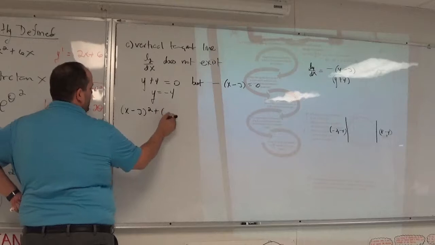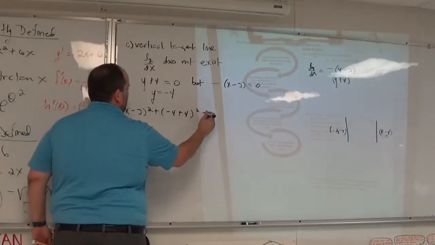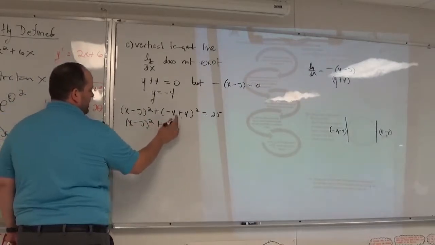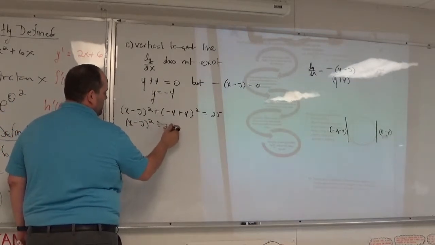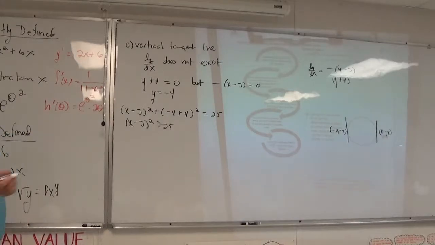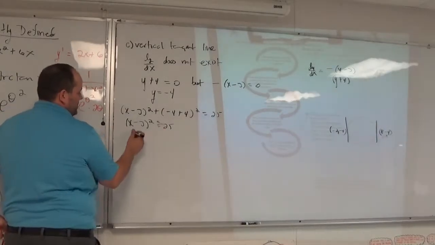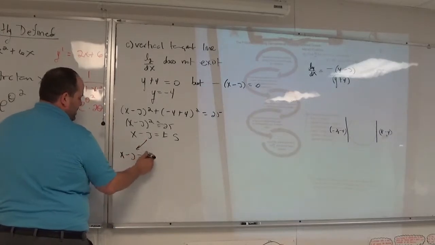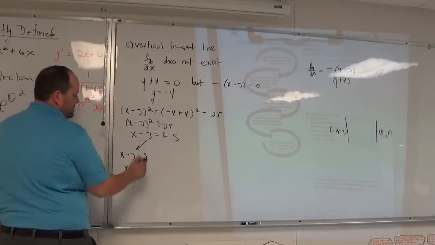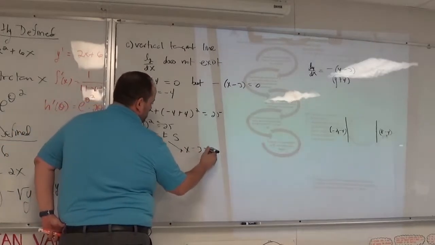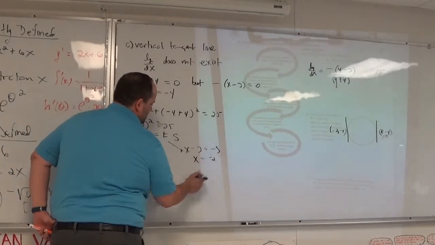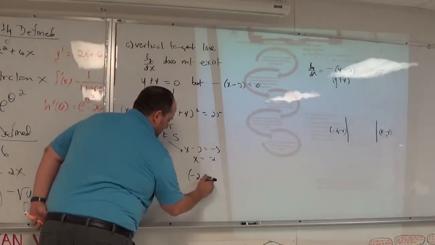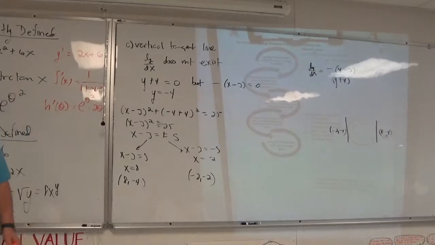(X minus 3) squared plus, I'm careful right now, (y plus 4) squared is 0. So (x minus 3) squared is equal to 25, so x minus 3 equals plus or minus 5. If x minus 3 is equal to 5, x is 8. If x minus 3 is equal to negative 5, x is negative 2. We get the points (8, negative 4) and (negative 2, negative 4).